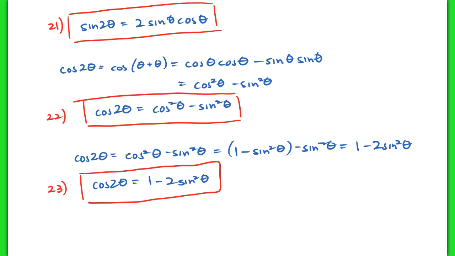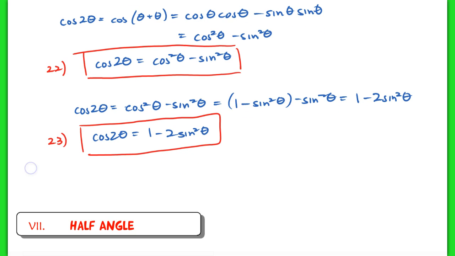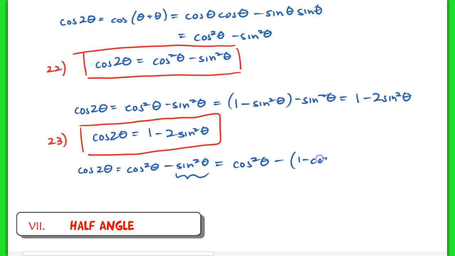Now alternatively, I can make another appropriate substitution here by saying, let's start again with cosine 2 theta equals cosine squared theta minus sine squared theta. And here, I will substitute in 1 minus cosine squared here. So I have cosine squared theta minus 1 minus cosine squared theta, which ends up giving me 2 cosine squared theta minus 1, because I just distribute that negative here.